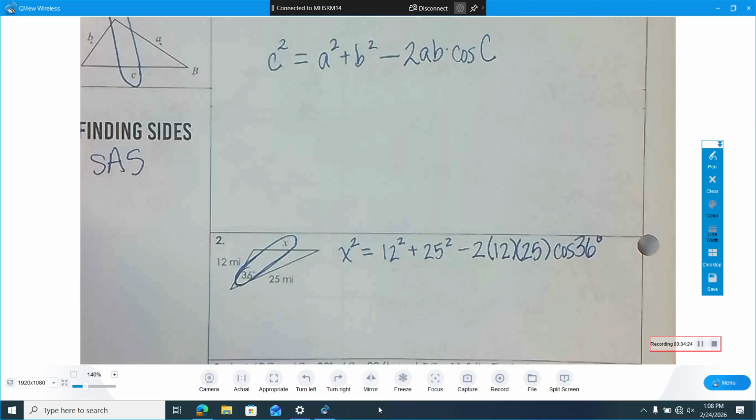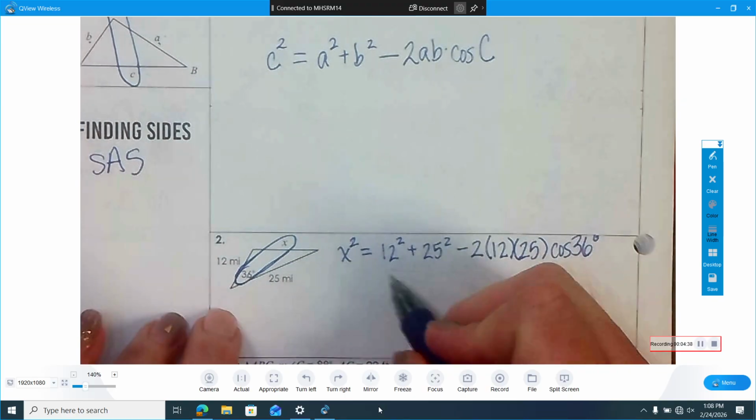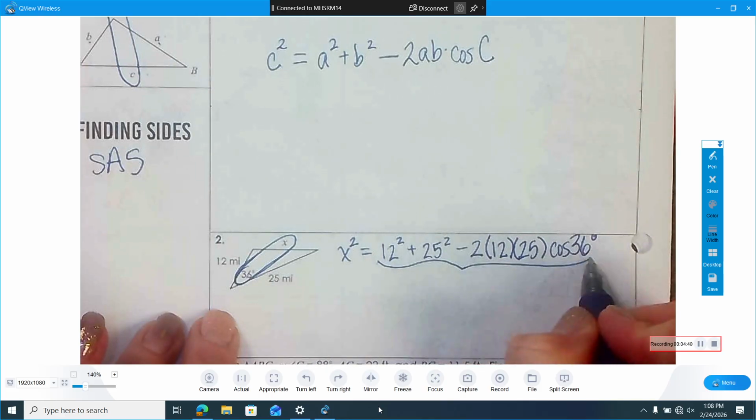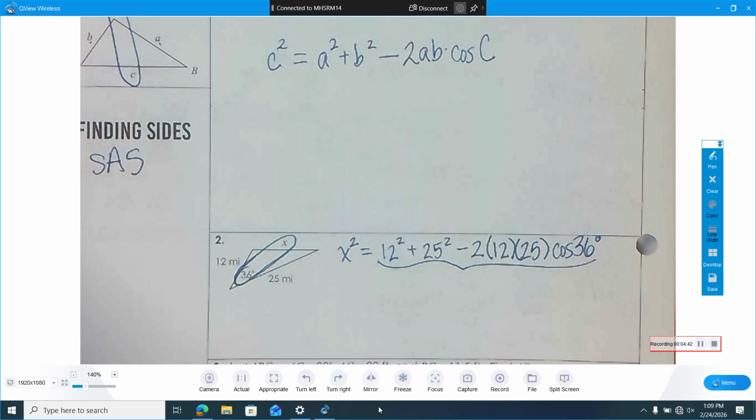What mode should your calculator be in? Degree mode. I do not have a calculator, I definitely need one for this. Oh, thank you. All right, so this is all just calculator work. The nice thing is everything on the right-hand side is just numbers, so can we just plug it in our calculator? Yes, we can.